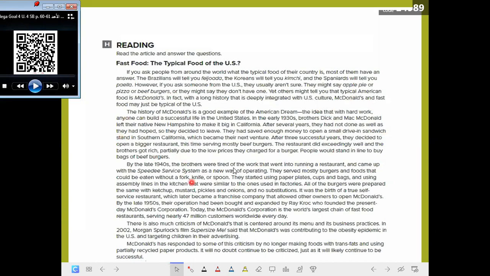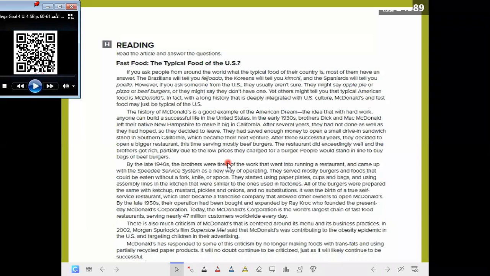Brothers Dick and Mac McDonald made a new idea, the beef burger, fast food as beef burger. They began as a small car in California, in the United States.